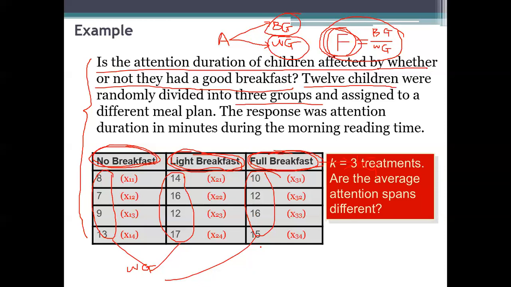So what is the treatment here? The treatment is referred to as K. There are 3 treatments: no breakfast, light breakfast, and full breakfast. So K equals 3. Now the question is, are the average attention spans different or not?